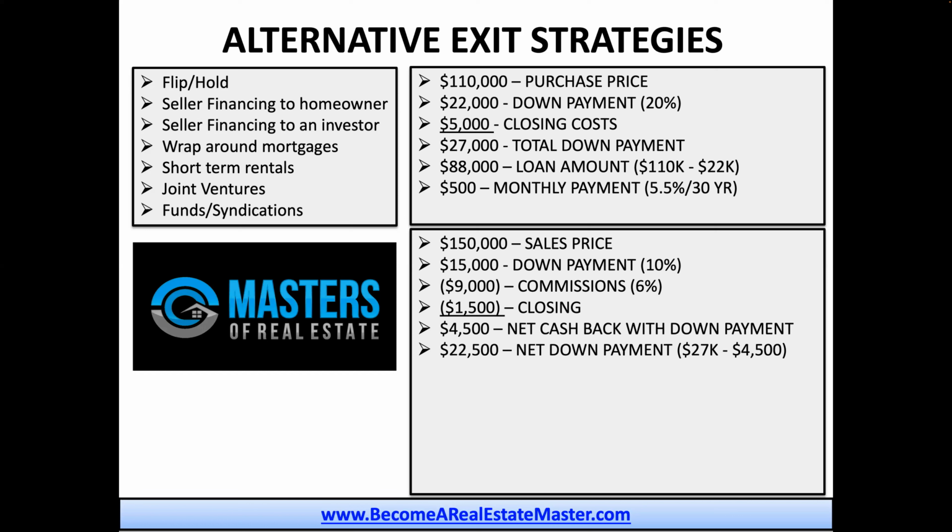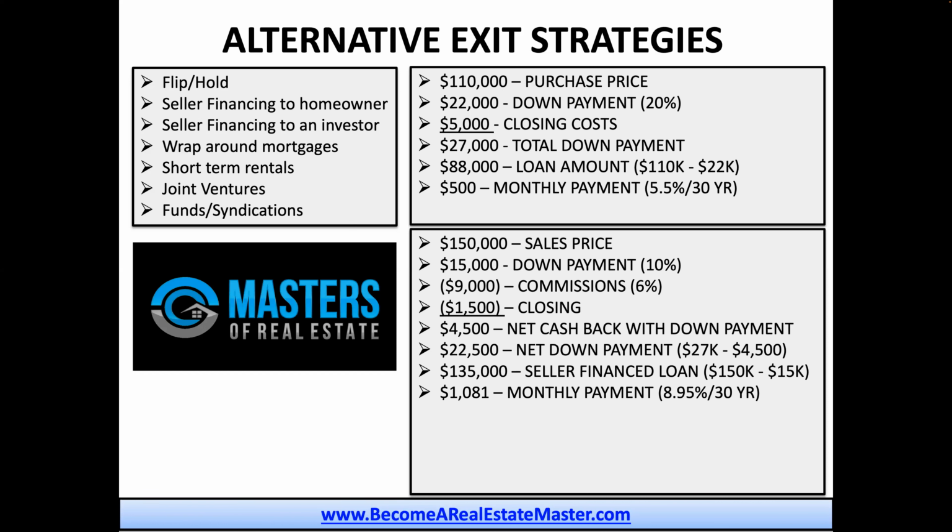Okay, so remember, you're in it for $22,500 down now, because you took your $27,000 down payment minus your net cash out of the down payment of $4,500. So you're only in it for $22,500, and you have a seller finance loan for $135,000 now, which is your $150,000 sales price minus the $15,000 down payment.